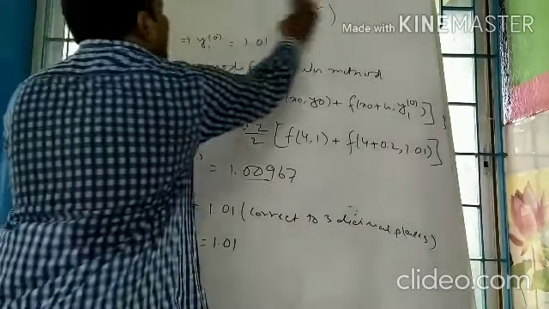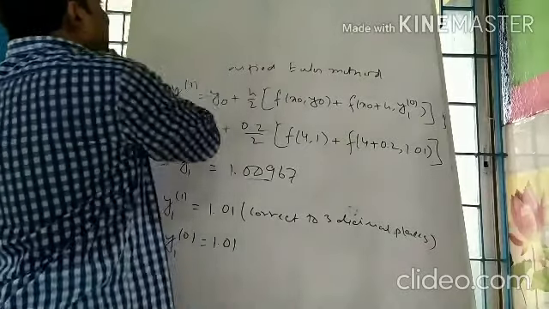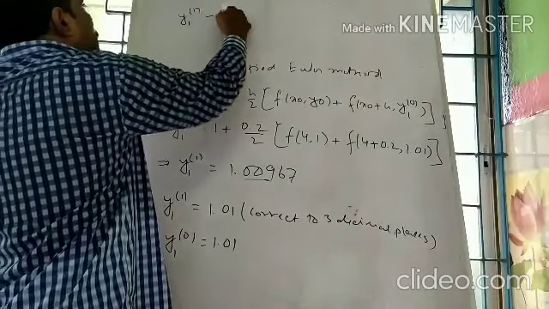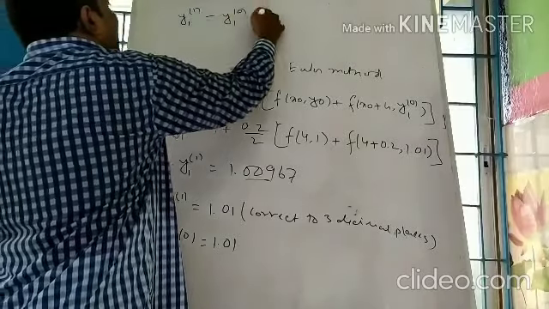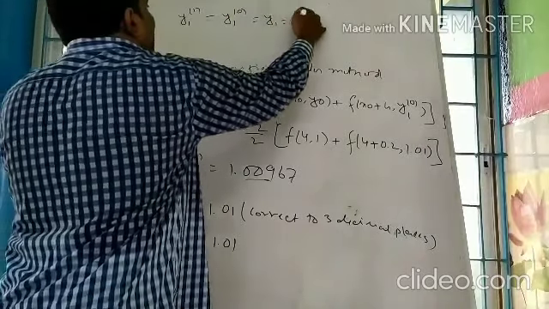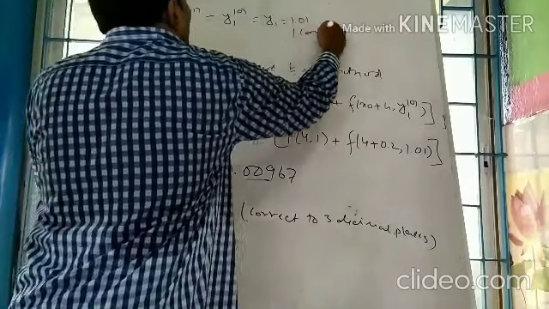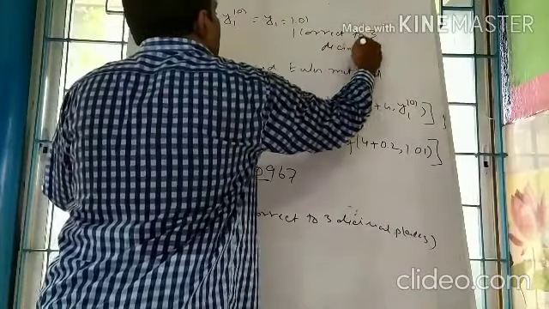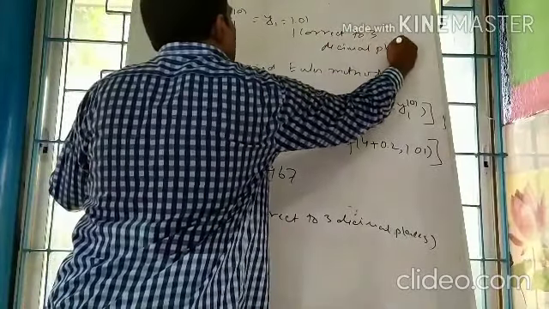So just write y11 is equal to y10 equals to y1 equals to 1.01, in bracket correct to 3 decimal places. So we can stop here.